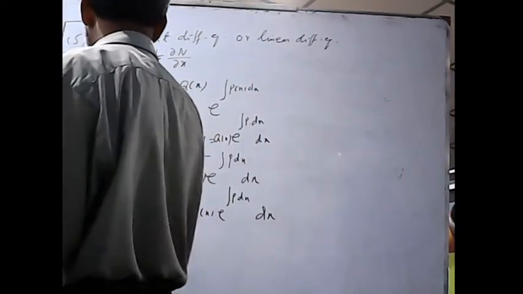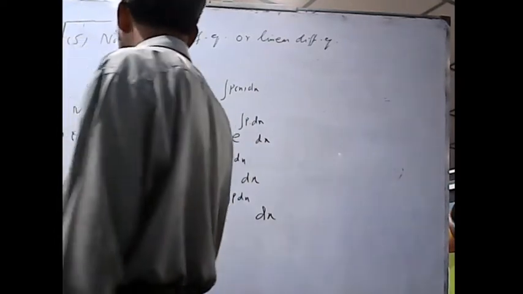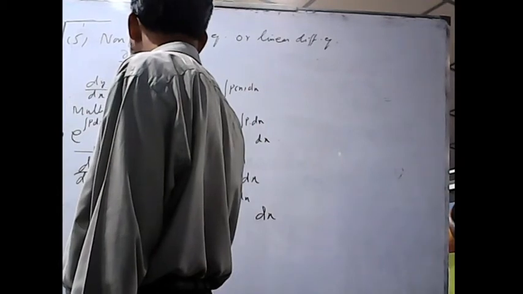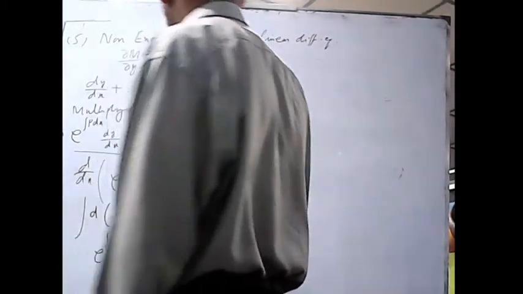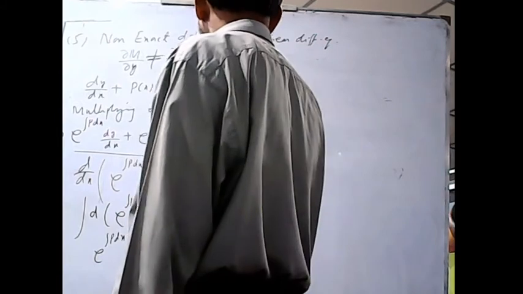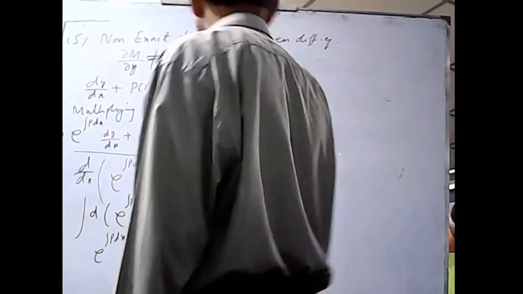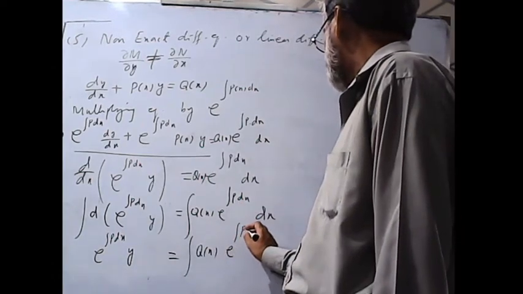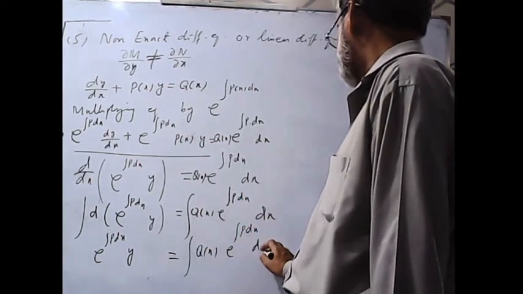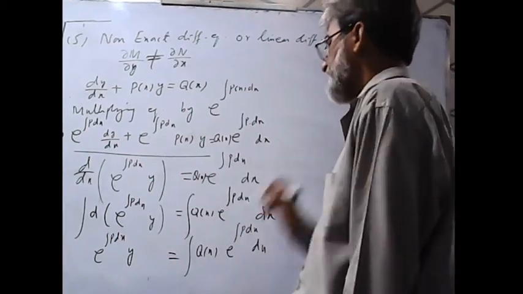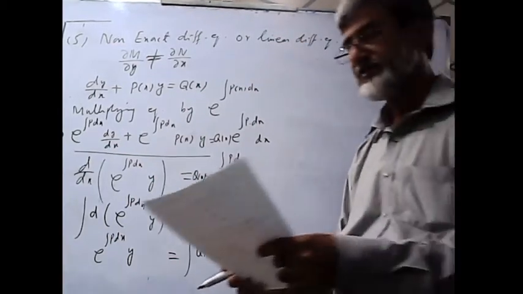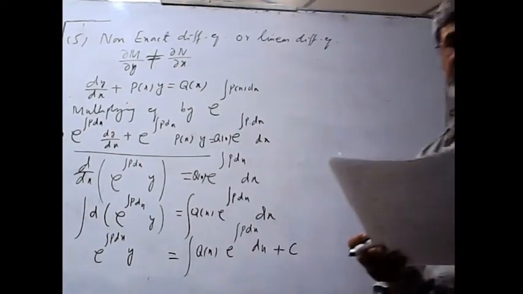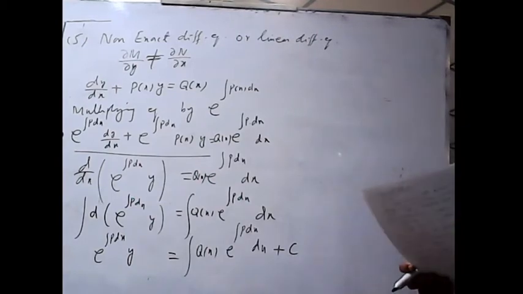After this integration, the differential gives e to the integral p dx times y, and then for particular values of q x and p, you can easily integrate, then plus c after integration, c as an arbitrary constant. So this is our final solution.